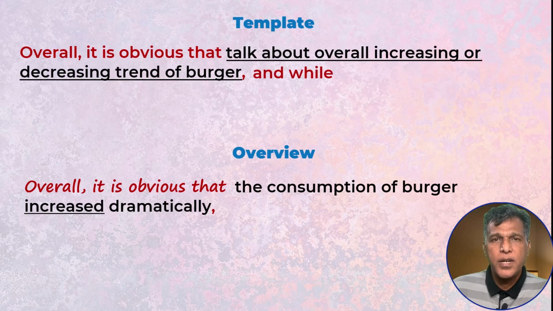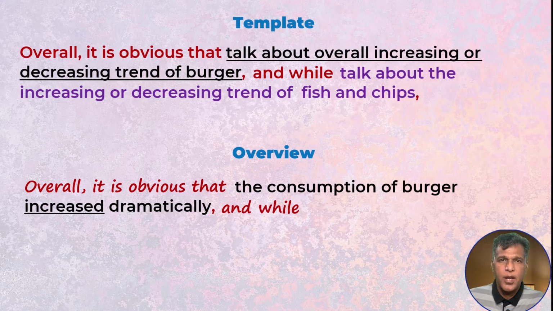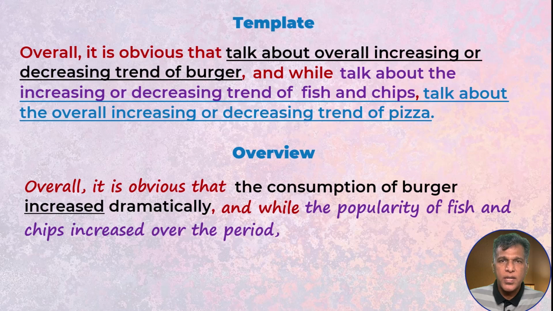Then write and while, then talk about the increasing or decreasing trend of fish and chips. And while the popularity of fish and chips increased over the period. Lastly, talk about the overall increasing or decreasing trend of pizza.